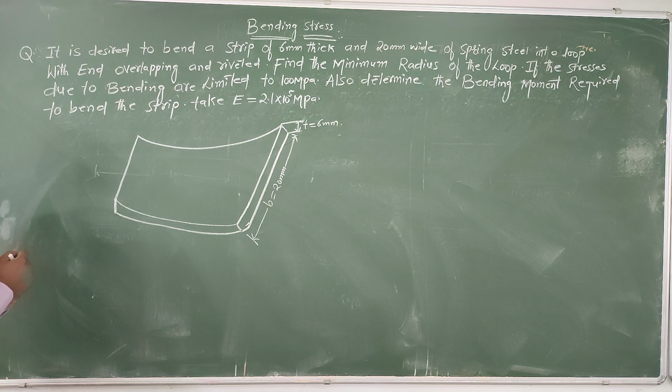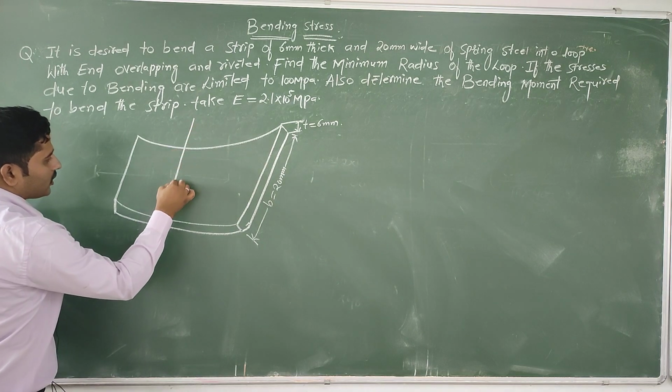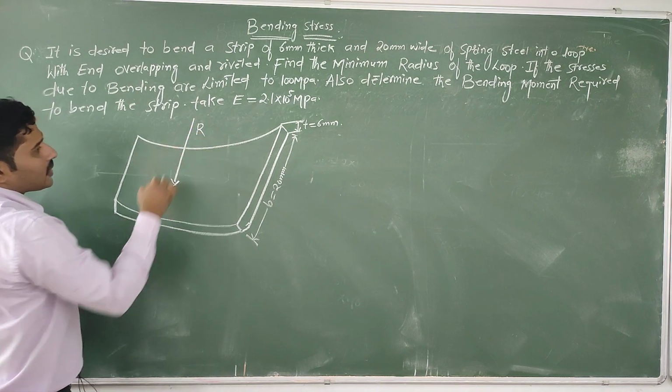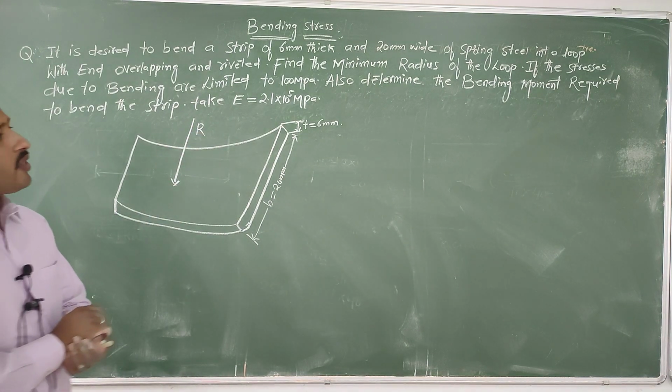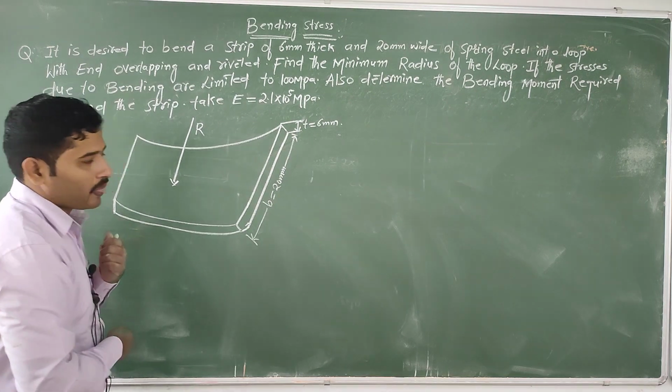Find the minimum radius of the loop, if the stress due to bending is limited to 100 megapascal.